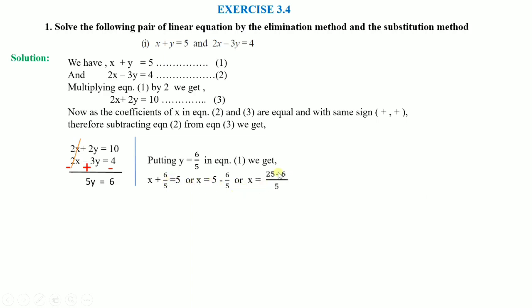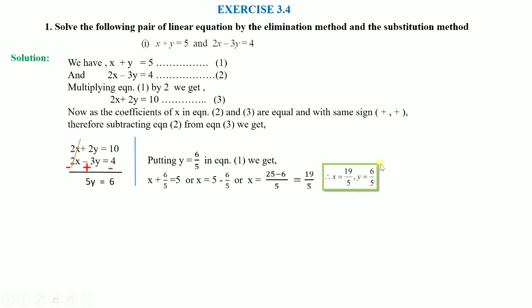LCM 5, 5 fives are 25, minus 6 upon 5 is equal to 25 minus 6, 19 upon 5. So the value of x we got is 19 upon 5.